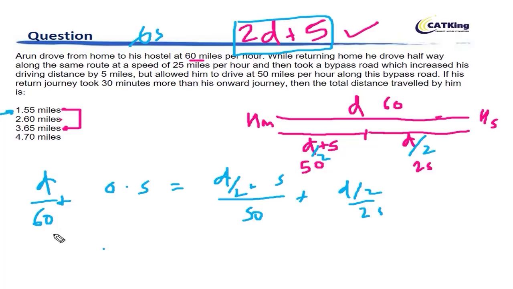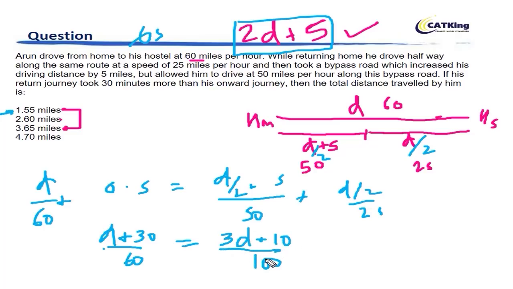So if you put d equal to 25 here, basically if you just solve, this becomes d plus 30 upon 60, and this becomes 3d plus 10 upon 100. Now we started with the first assumption that d should be an integer.